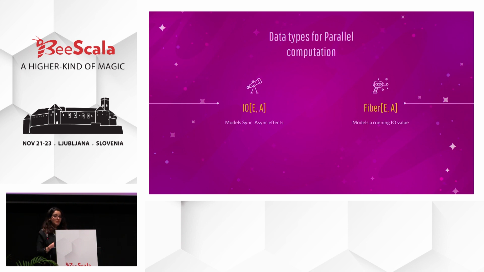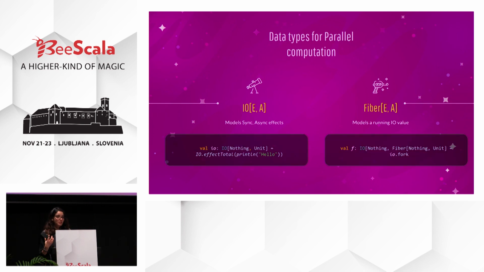Even the main method that contains your I/O, when you want to run it, will be executed in a main fiber. You can imagine a fiber as a lightweight thread, which will take your computation and use a thread pool to run it. And you can have many fibers running in a single thread.